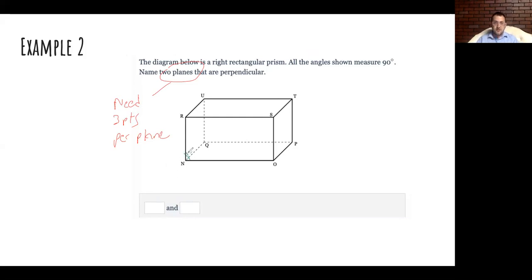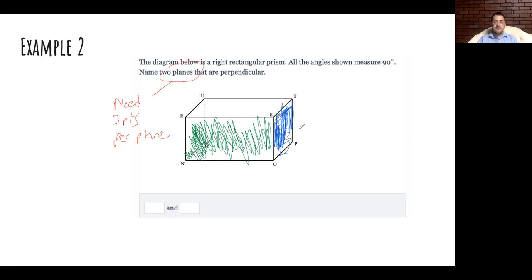So I'm going to look at this front plane. Maybe I'll do green. And then maybe I'll do blue for the perpendicular plane. So these planes intersect each other at a 90-degree angle.